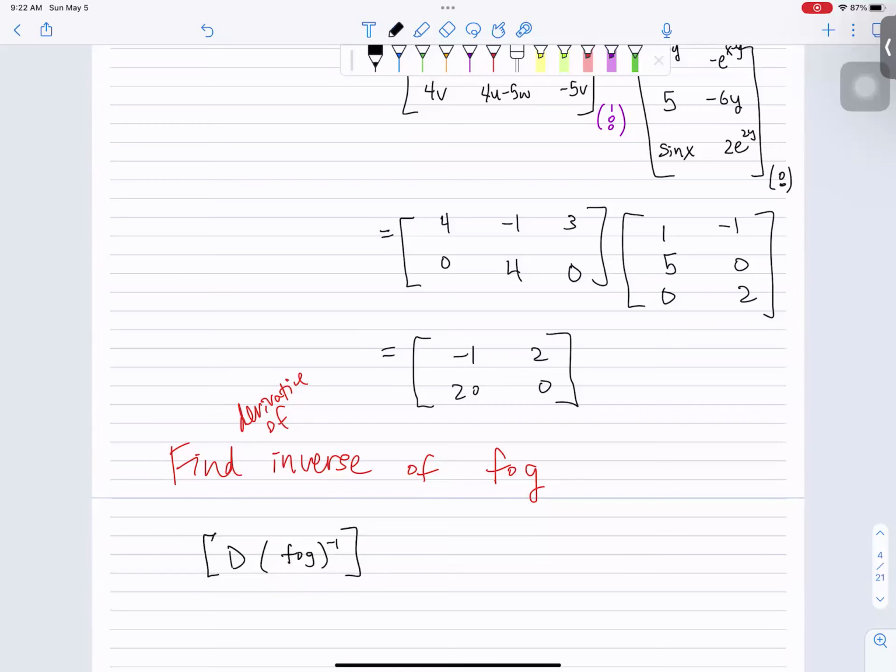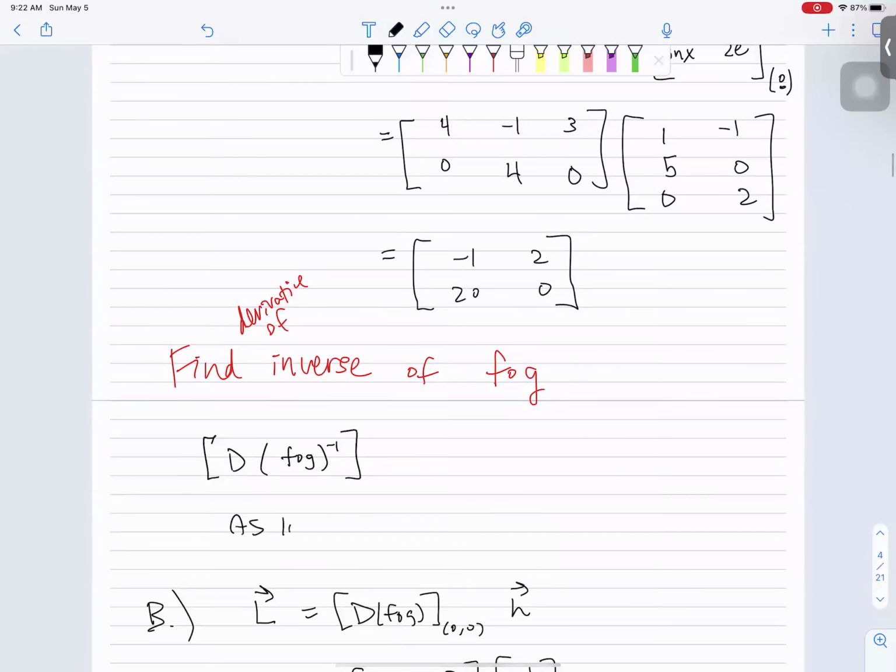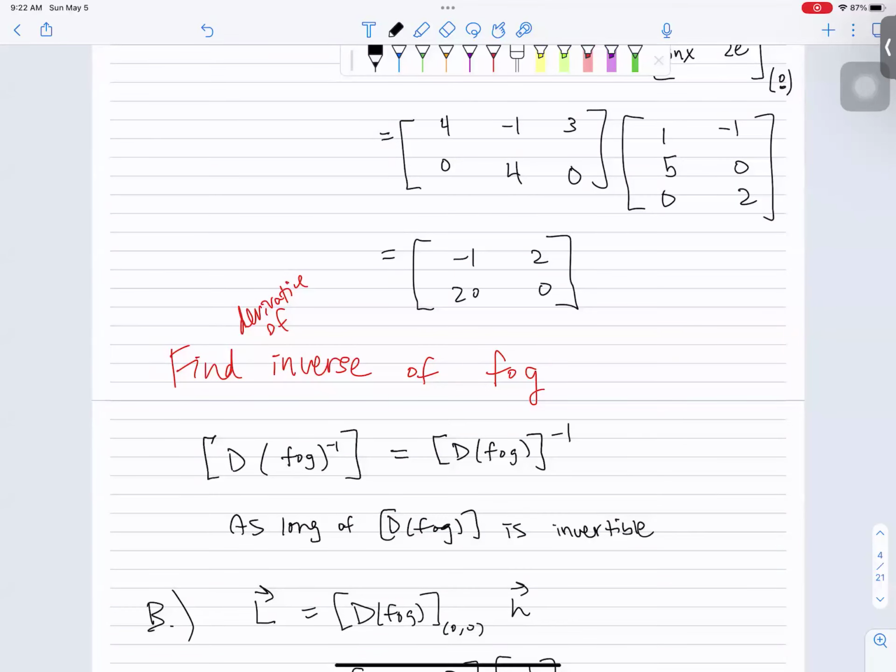Instead, the inverse function theorem says, as long as the derivative of f of g is invertible, which we can check because we know how to see if a matrix is invertible, we can write this equality. We can instead just do the derivative first and then take the inverse.